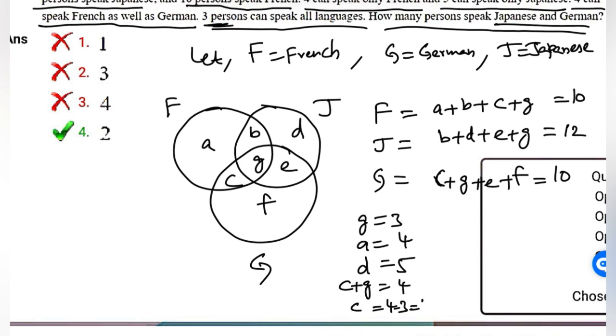So C is 1. We have to find how many persons speak Japanese and German. It means we have to find G plus E.